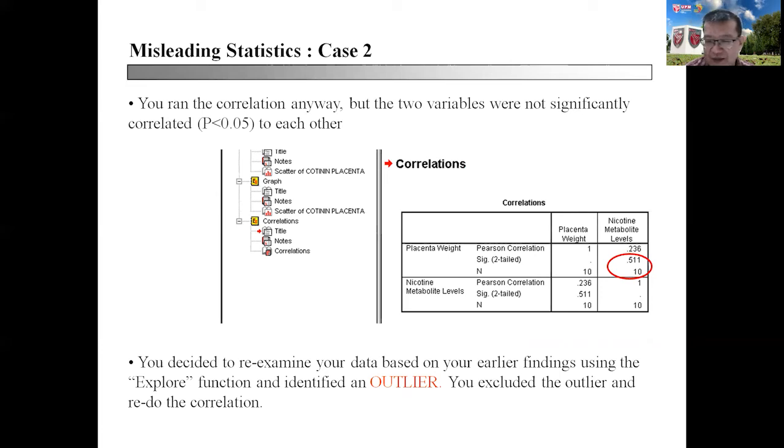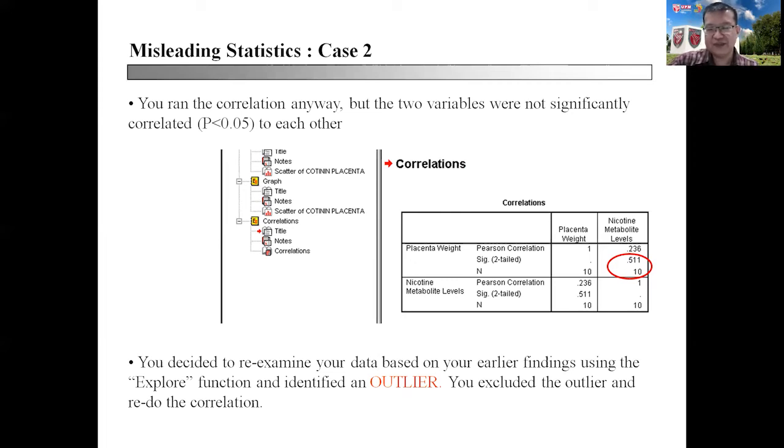In the first analysis, you find there is no relationship between placenta weight and nicotine metabolite levels, because the probability value here is 0.511. For the correlation to be significant, this sig 2-tailed value is supposed to be below 0.05, or 95% confidence level.